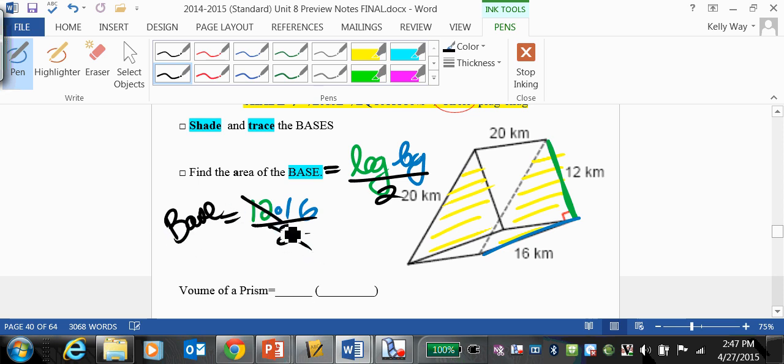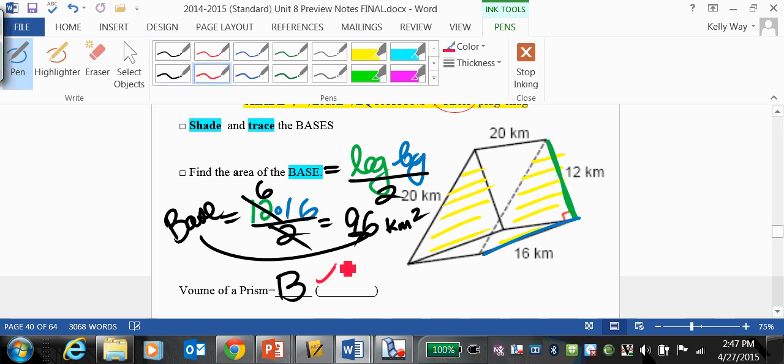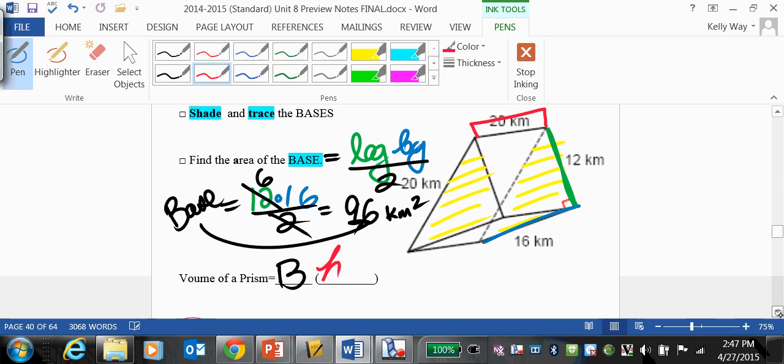You should have gotten 96 kilometers squared, and that is your base. And then we come to volume. It's area of the base times the height. Remember, height is the distance between the bases, so you put 20 as your height.